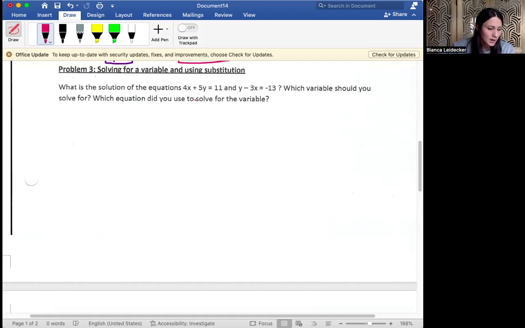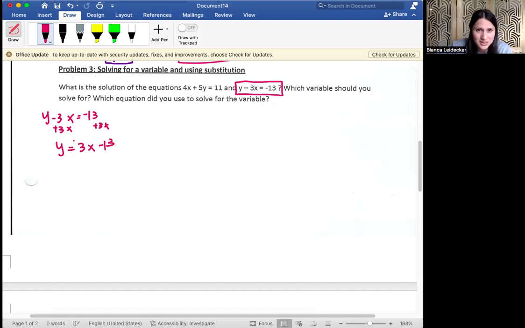So I'm going to solve for y with this one because, as I'm looking ahead, I can just add 3x on both sides and then y is by itself. So if I add 3x on both sides, I'm going to write this as y equals 3x minus 13.